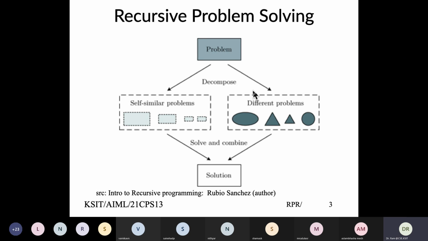If I solve the problem using something else and then come back, so a rectangle may call a circle, or an ellipse may call back a rectangle again, and keep going till we get a smaller problem, that is indirect recursion. So both means are available. Finally, we solve a smaller problem and, using that solution, build the solution of the bigger problem. That is how recursion works.